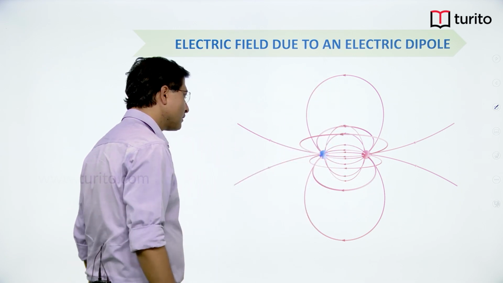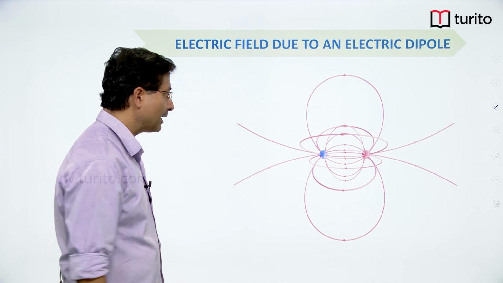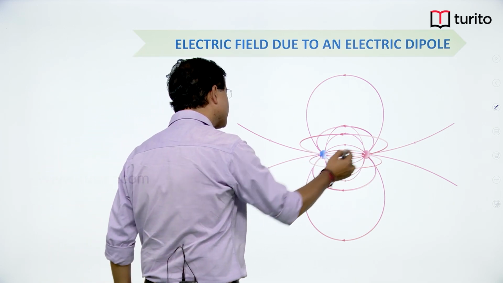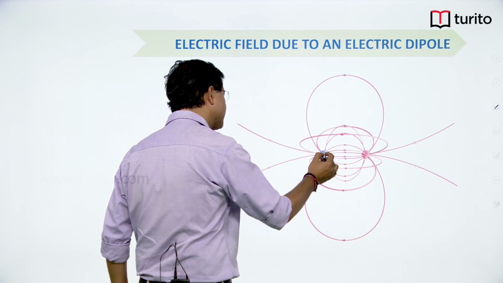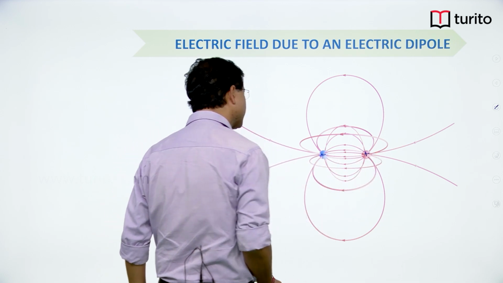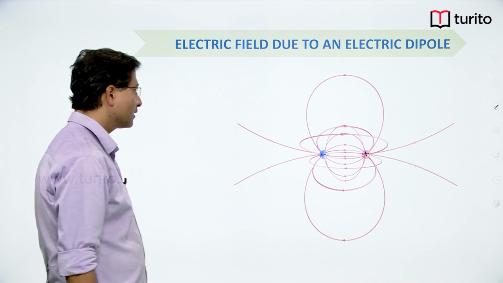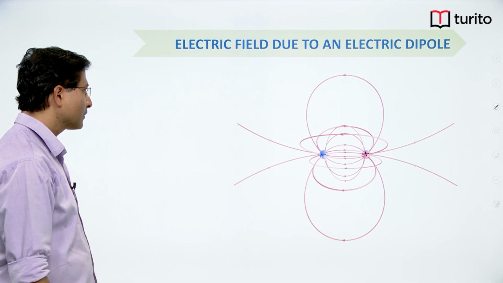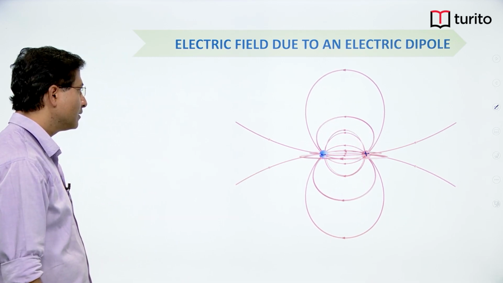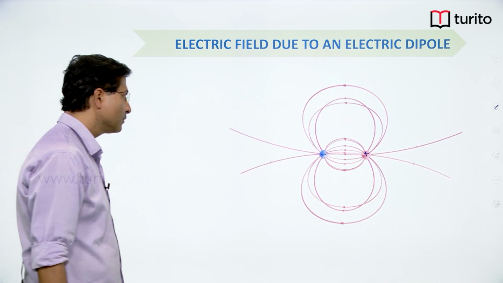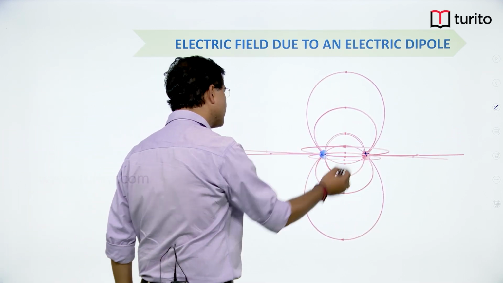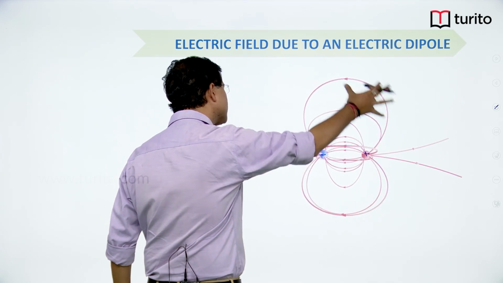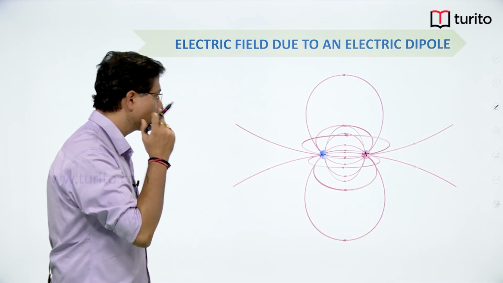And the dipole moment, as this is the negative charge particle and this one is the positive charge particle. Let us see once again. Negative charge particle, positive charge particle, lines are originating from positive charge and terminating at negative charge.